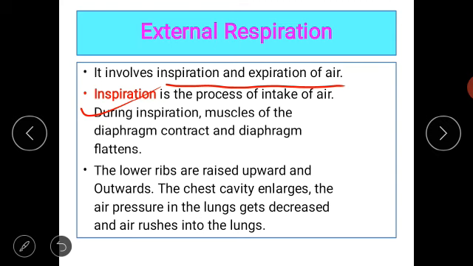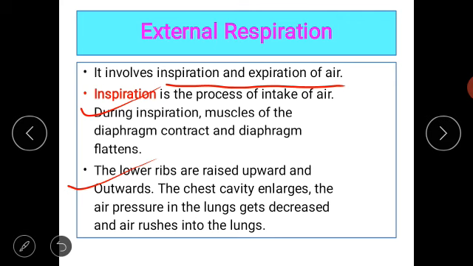At the base of the lungs, there is a sheet-like muscle called the diaphragm, which is curved in shape. So when we inhale the air inside our lungs, it becomes flat. The lower ribs are raised upwards and outward.